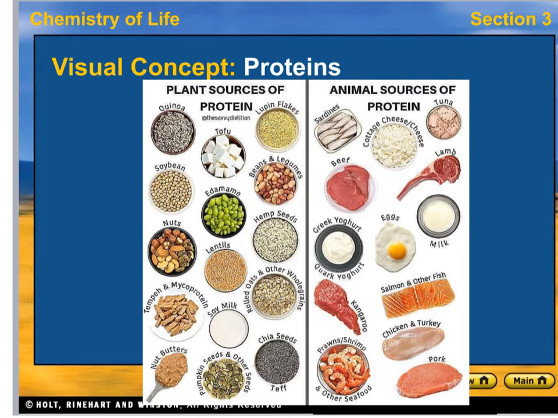Okay, we also get protein from sources of meat or animal sources: milk, eggs, yogurt. You can see that we have fish, we have cottage cheese, which is still dairy, we have chicken, pork, beef. These are all different types of animal proteins.